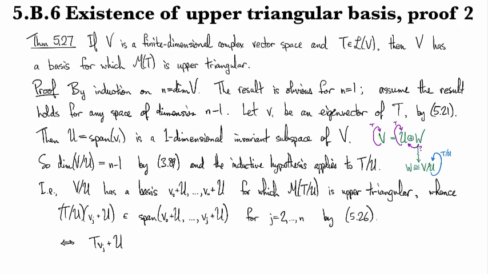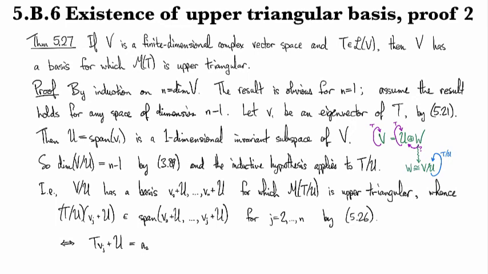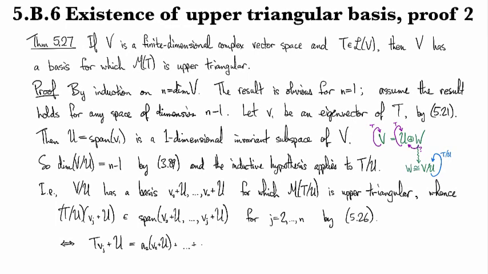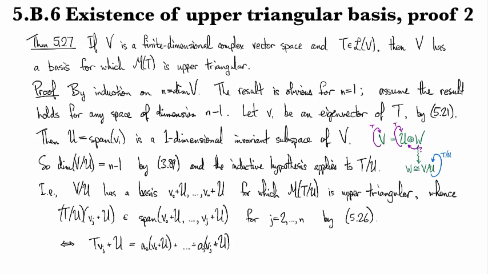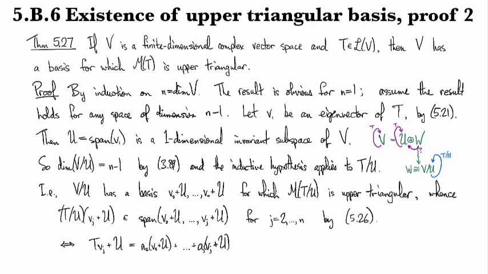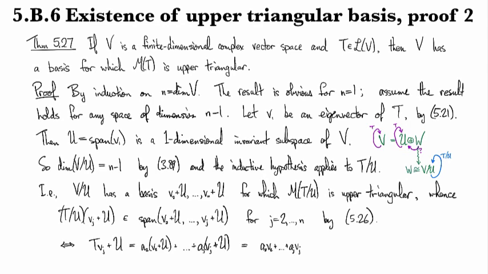And then for this to be in the span, this means that it looks like A2 times the first one plus and so on plus Aj times the last one. So we've got some linear combination like this. And if you recall how algebra works in the quotient space, this means that we've got A2 V2 plus and so on plus Aj Vj plus U. Okay, so that's just using arithmetic in the quotient space.